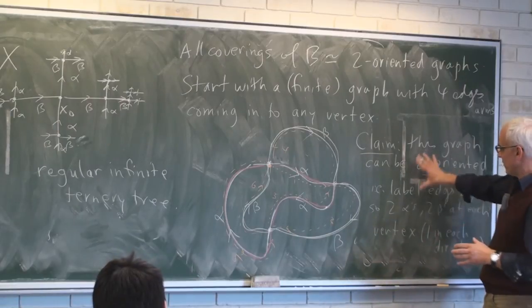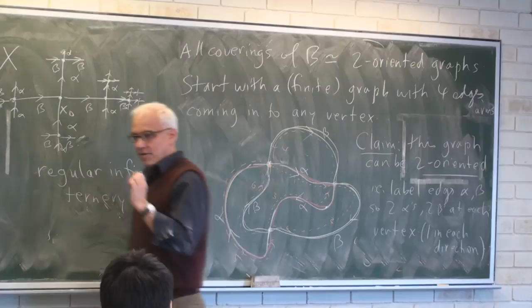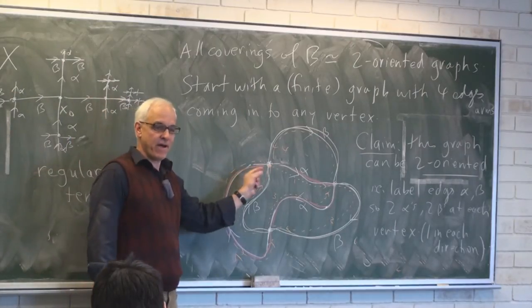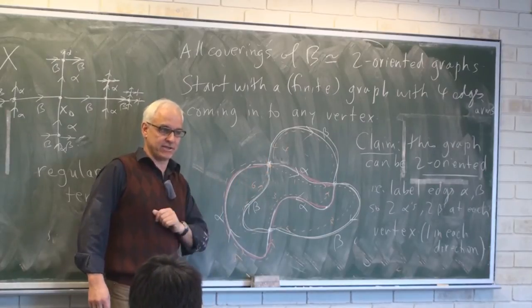So, conclusion: we've justified the claim that all you need to do is start with a graph, all of whose vertices are of degree 4, and then we can label the edges with alphas and betas so that there is an incoming alpha and an outgoing alpha and an incoming beta and an outgoing beta at every vertex.